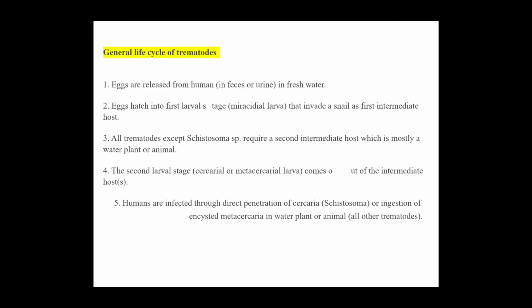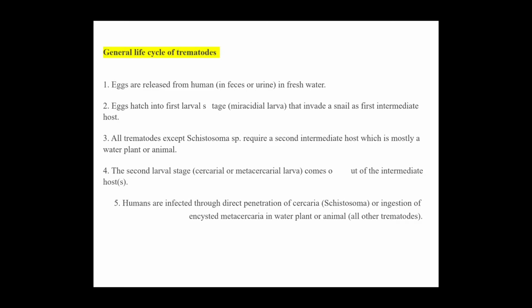Now, the egg hatches into the first larval stage, the miracidial larva, which invades a snail as the first intermediate host. Here the snail is the first intermediate host, and the hatched stage from the egg is the free-living miracidium.